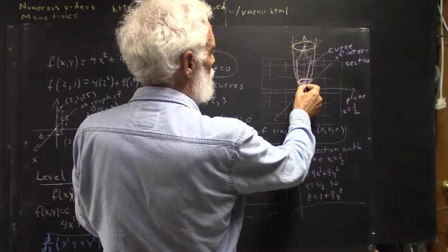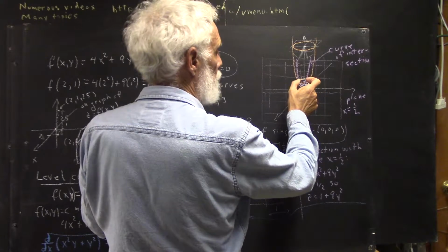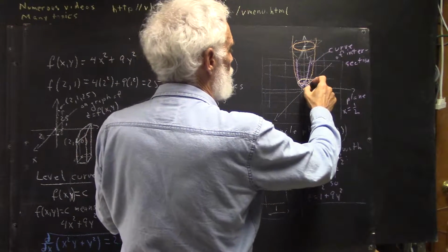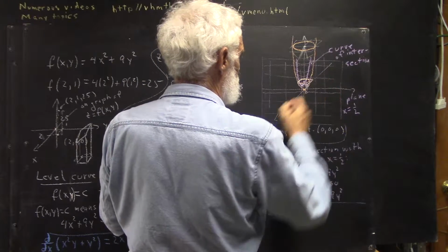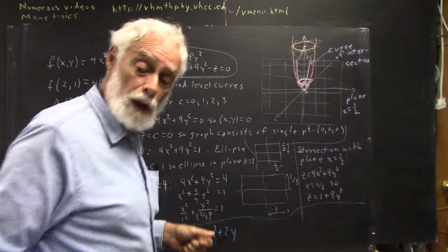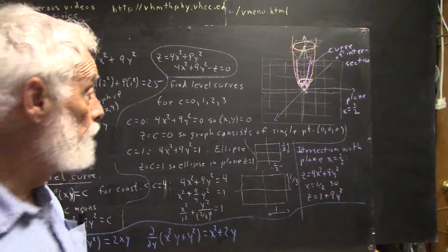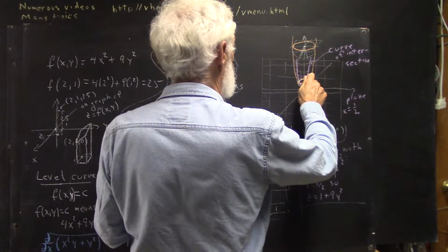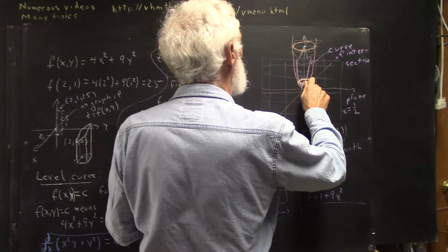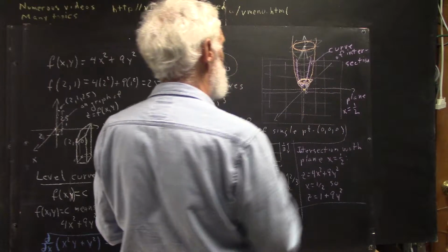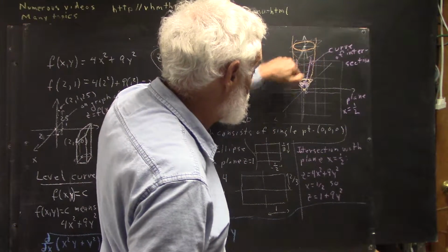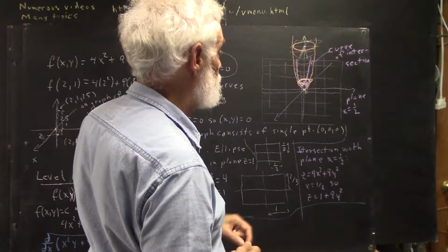Half of this dimension is 1/2, so it's going to be 1, and half of this dimension is 1/3, so it's going to be 2/3. And then I just sketched the ellipse within that rectangle, making sure that the vertices of the ellipse occurred when the ellipse was tangent to each of the sides.